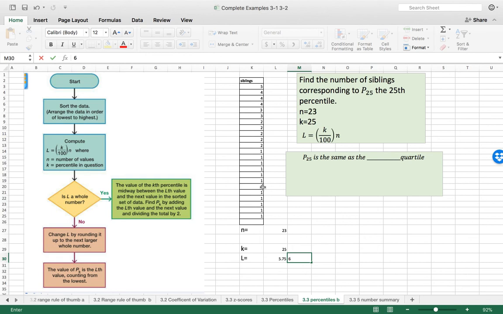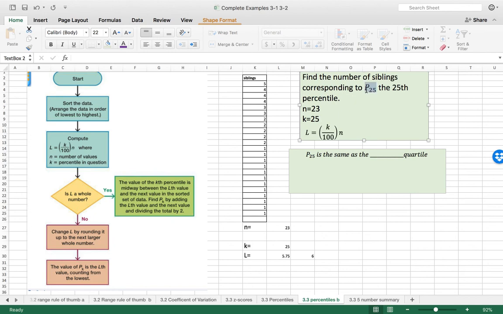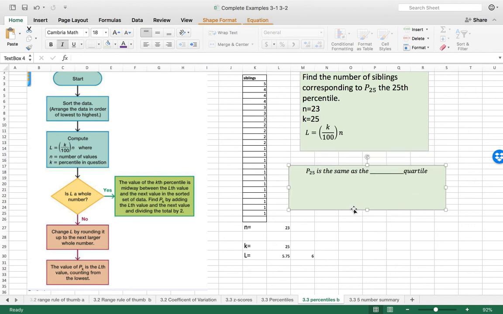So I'm going to say that my P25 is equal to 1 sibling, because that is the 6th value counting up from the bottom.